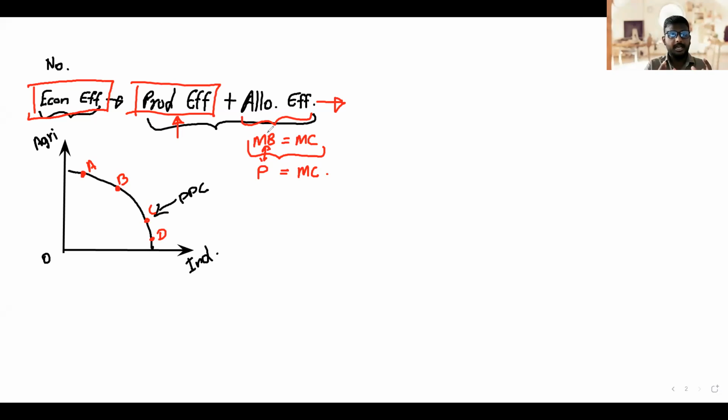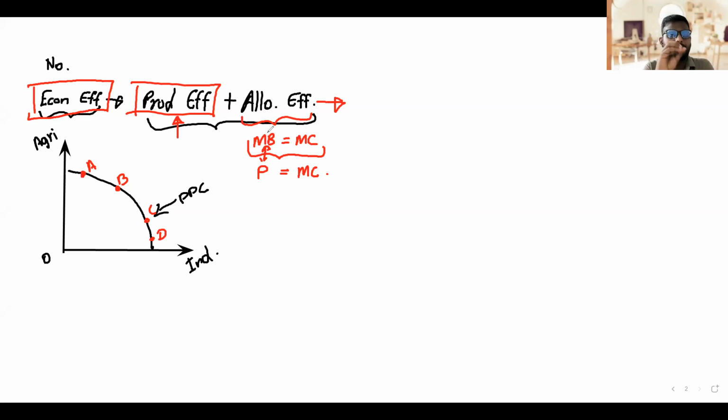That means economic efficiency can be seen where productive efficiency and allocative efficiency are both happening at the same time. Economic efficiency is always achieved when allocative efficiency is achieved, because allocative efficiency is obviously going to be on the PPC curve, and then naturally you will see productive efficiency also.